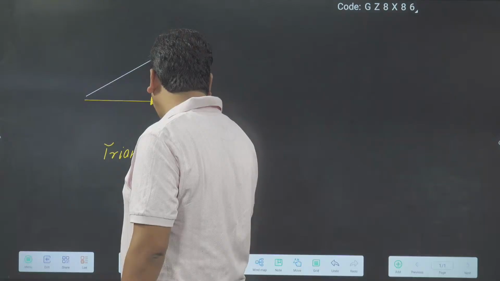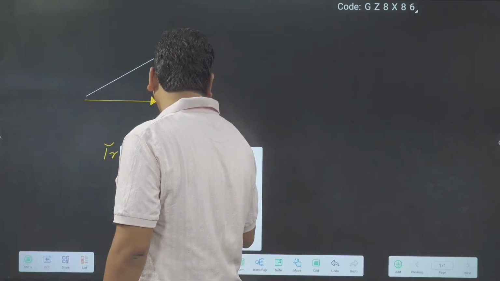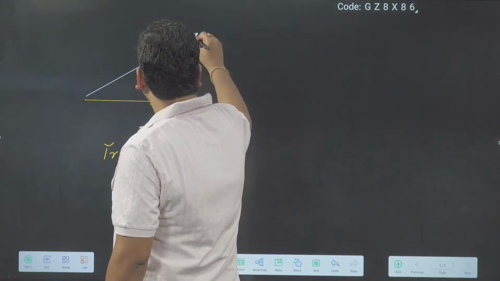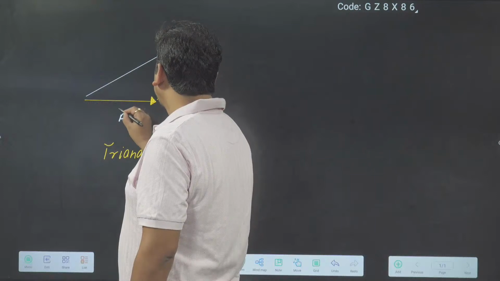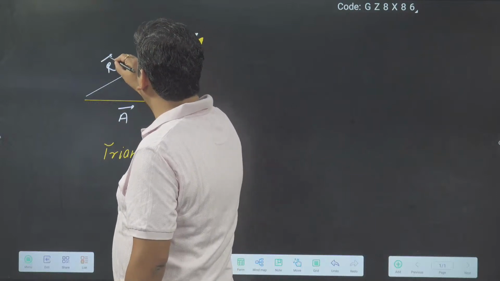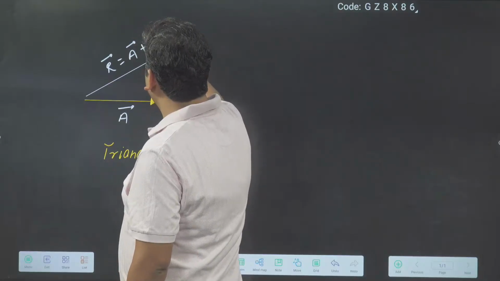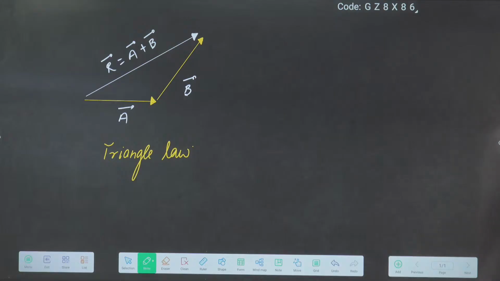Head to head and tail to tail. Something like this. So if this is A vector, this is B vector, this will be R vector, which will be given as A vector plus B vector. ठीक है?